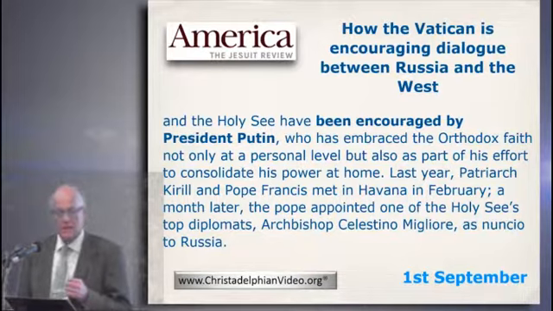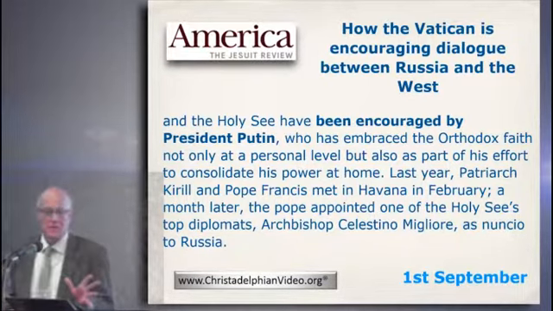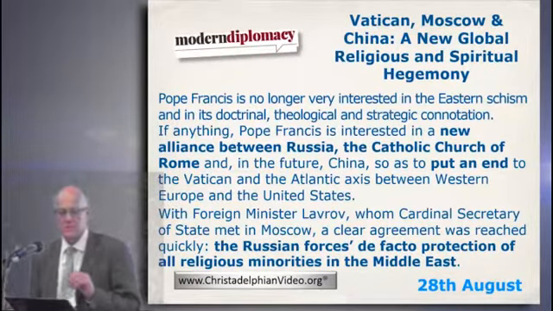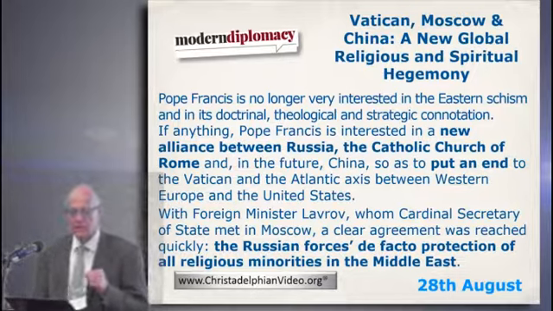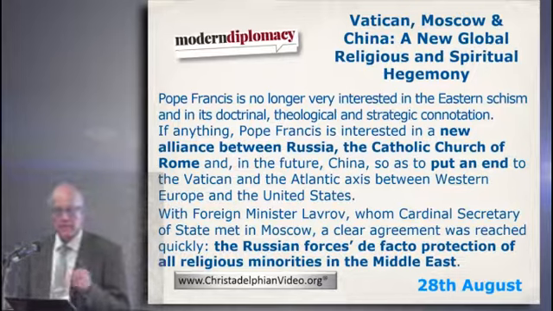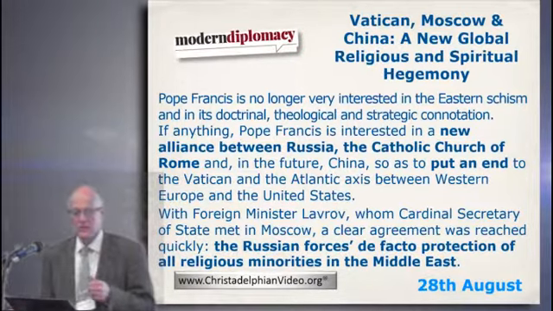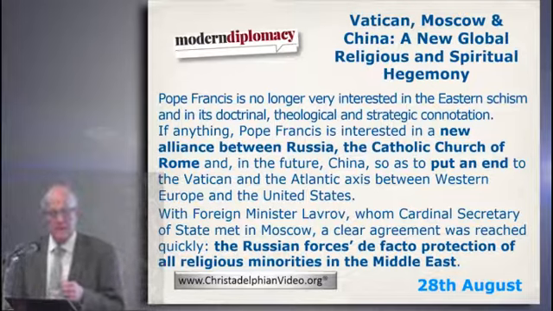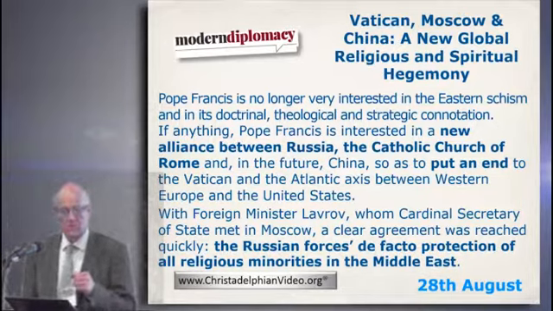Here's another magazine, this is Modern Diplomacy, which gives an even broader picture. Vatican, Moscow and China, a new global religious and spiritual hegemony. Pope Francis is no longer very interested in the Eastern Schism and its doctrinal, theological and strategic connotation. If anything, Pope Francis is interested in a new alliance between Russia, the Catholic Church of Rome, and, in the future, China, so as to put an end to the Vatican and the Atlantic axis between Western Europe and the United States.